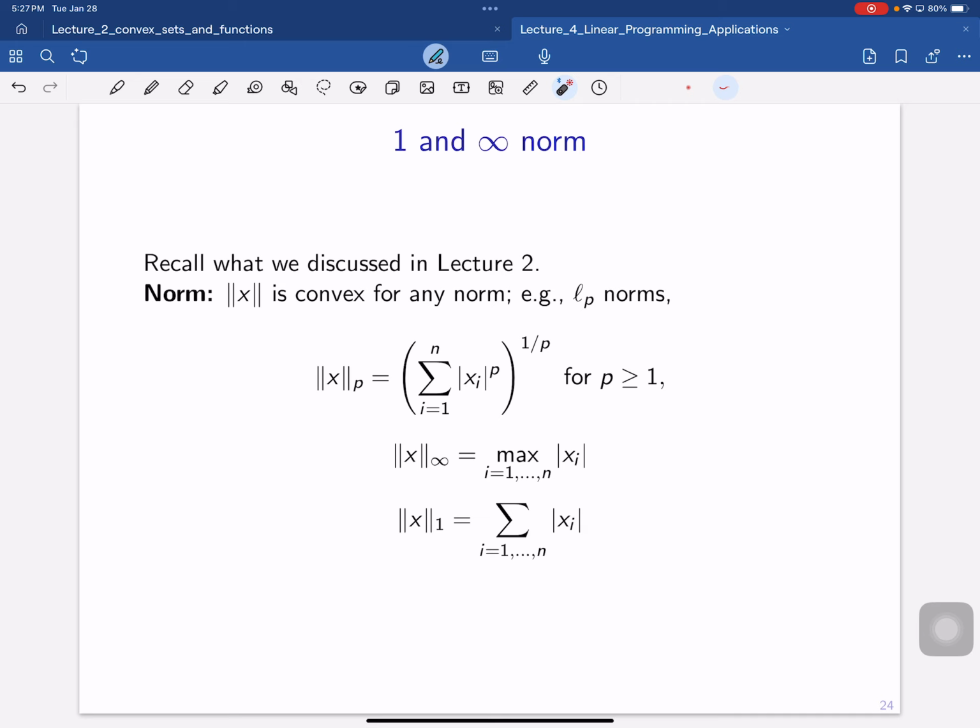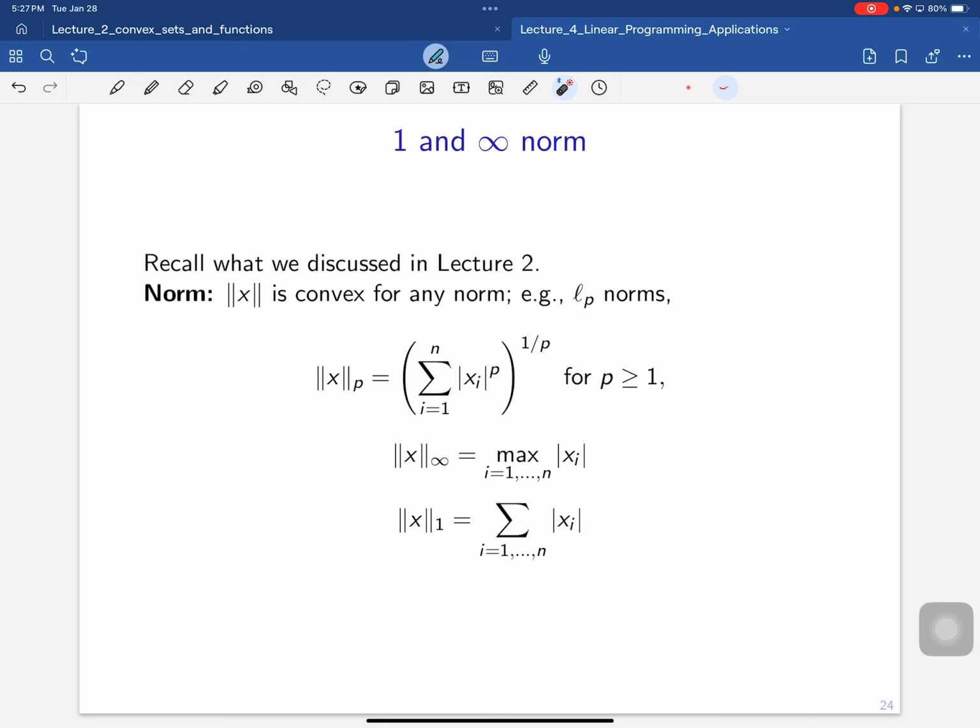So again, as we studied in the second lecture, we talk about those norm functions or norm sets, right? And then, we know that the norm of x is a convex function, right? And then this is a way to define the p norm, right?